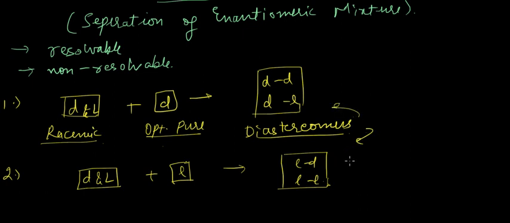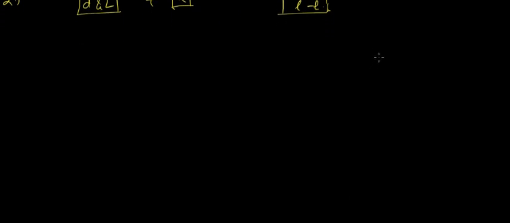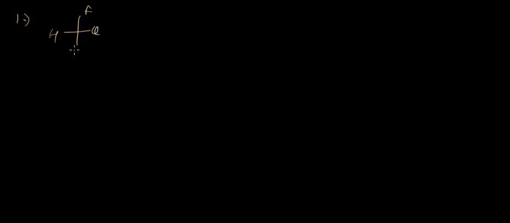Now let us take some examples on determining whether a given compound is resolvable or not. Is this a chiral compound? Yes, it would be optically active, it would have enantiomers, so it is resolvable.